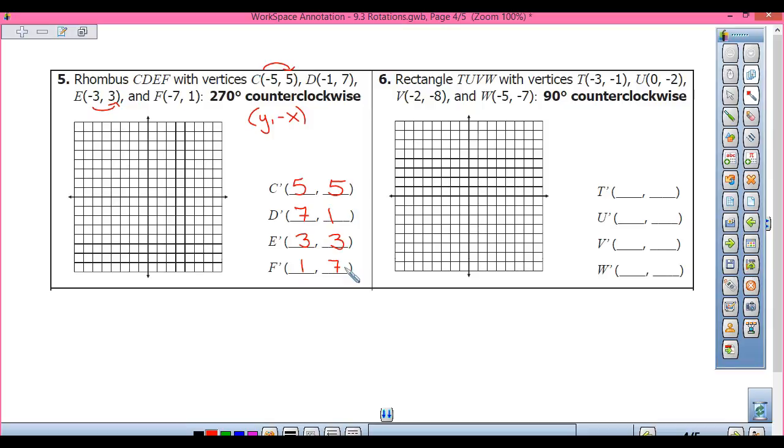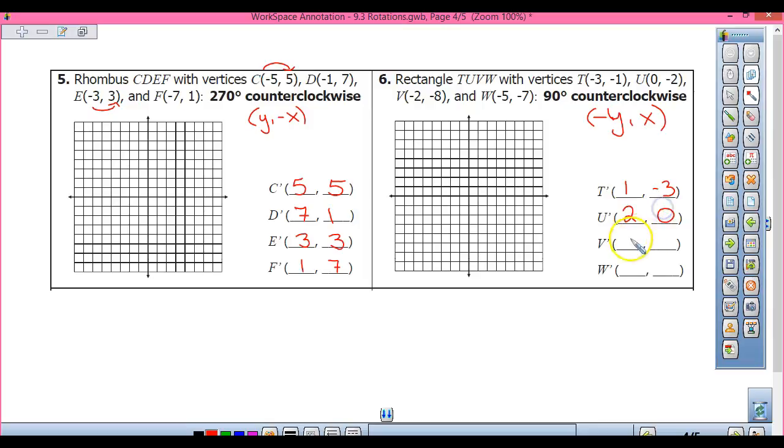Okay, and one more and then I'll let you work. I'm not going to kill you today, but I do want to make sure that we have these rules down. So 90 degrees is? What is it? (Negative y, x). So T prime becomes 1, negative 3, good.